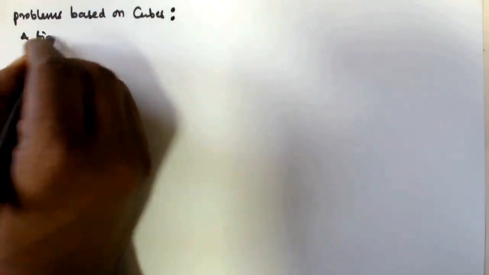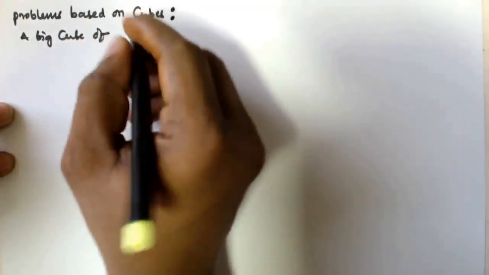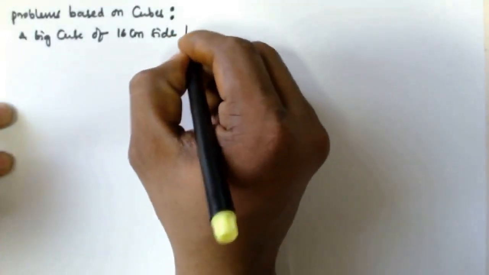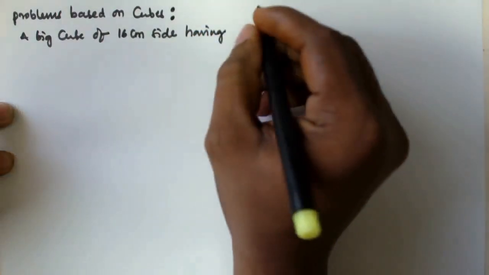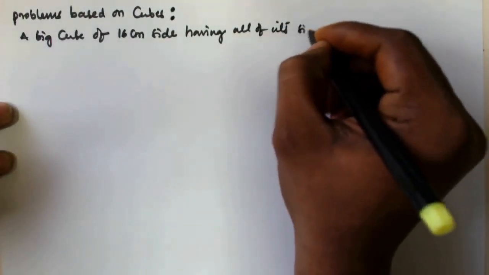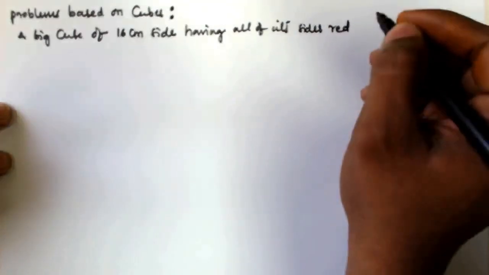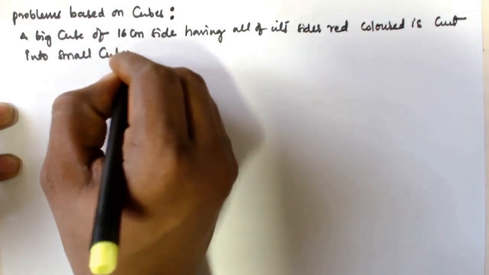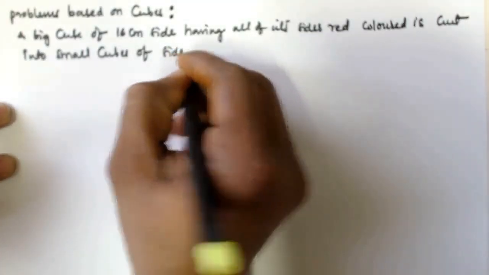So the problem is like this: a big cube of 16 centimeter side, having all of its sides red colored, is cut into small cubes of side 4 centimeter.